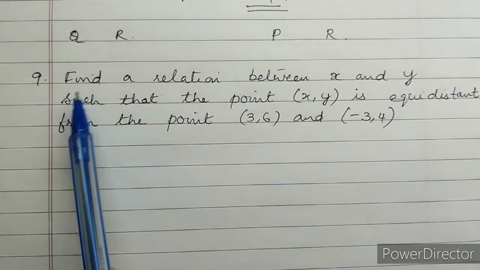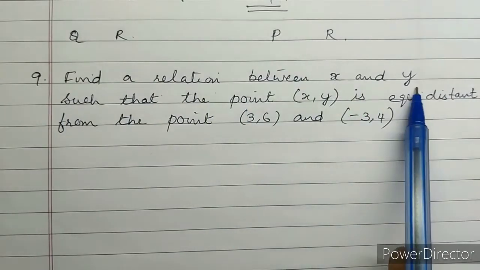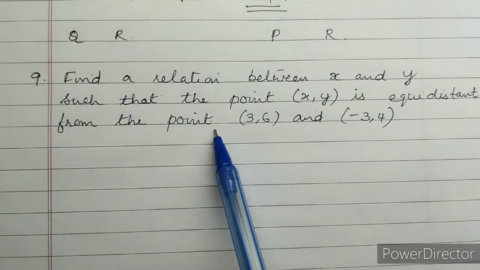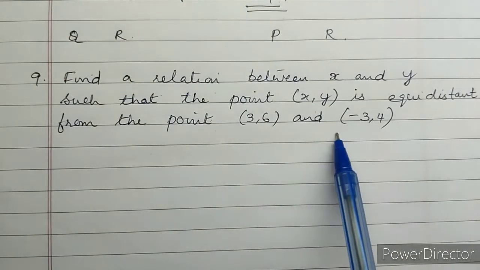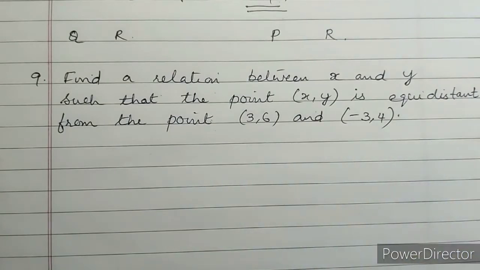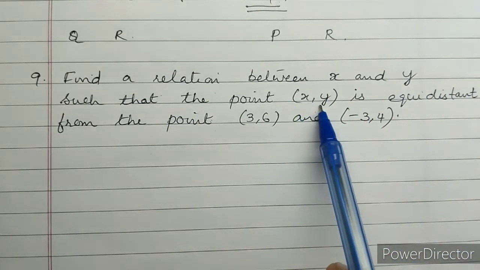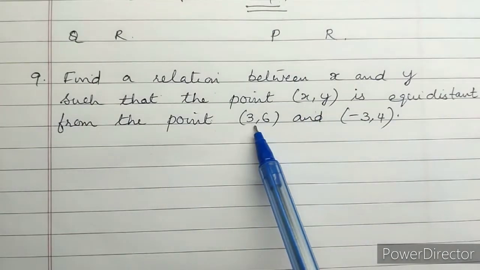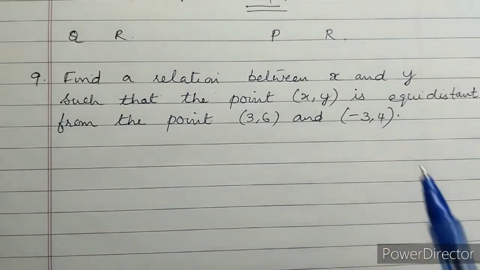Next sum, find a relation between x and y such that the point x, y is equidistant from the point 3, 6 and negative 3, 4. So what is given? This point x, y is equal distance from 3, 6 and minus 3, 4. So you can name it.